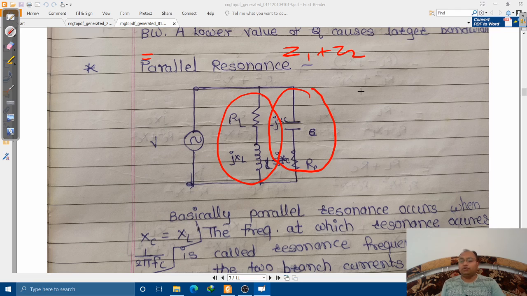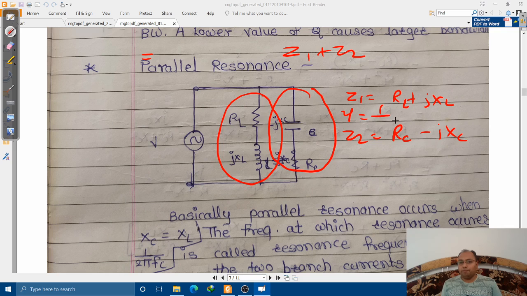Z1 is equal to RL plus jXL, and Z2 is equal to RC minus jXC, right?